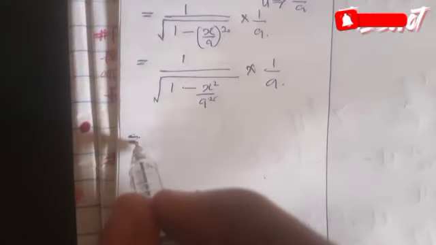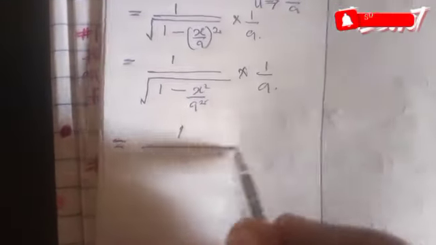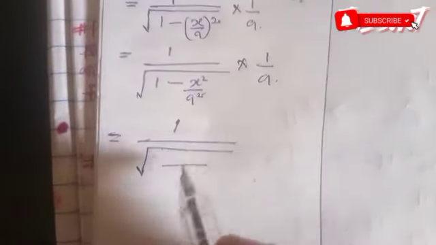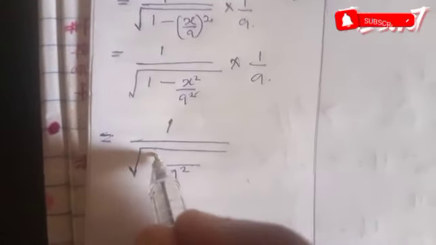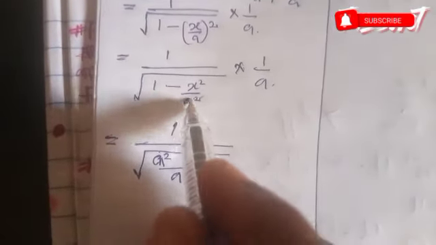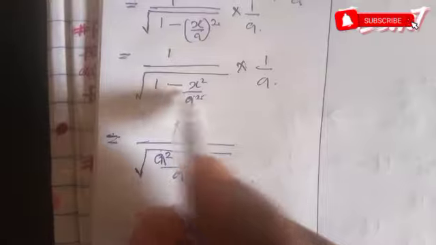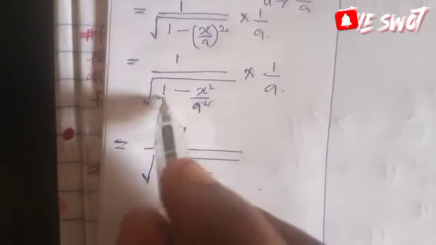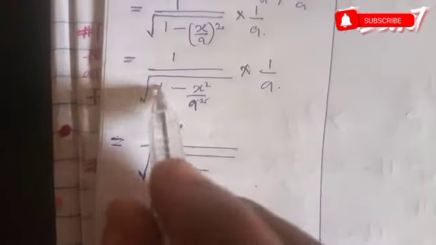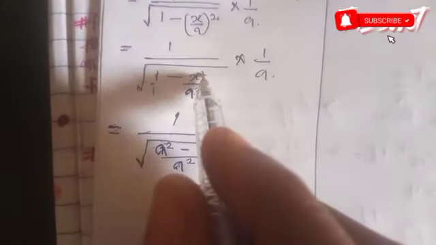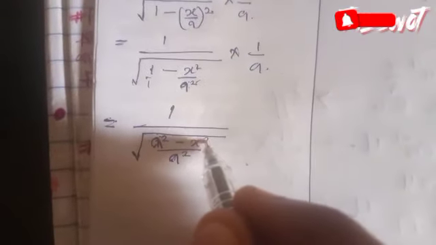So here then you have 1 all over, make this the subject of the formula, a squared, 1, a squared. The LCM, sure you get the LCM. The LCM of this will be a squared, then a squared divided by 1, a squared times 1, a squared, minus a squared divided by a squared, 1 times x squared, you have x squared.